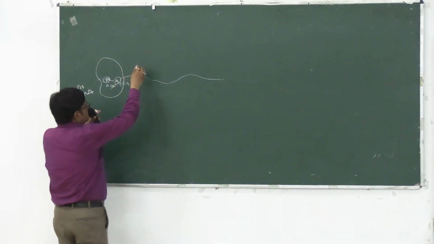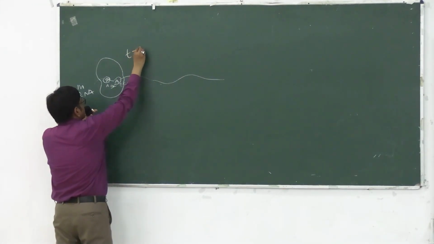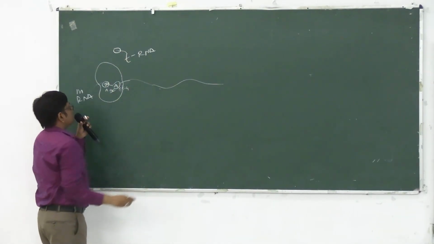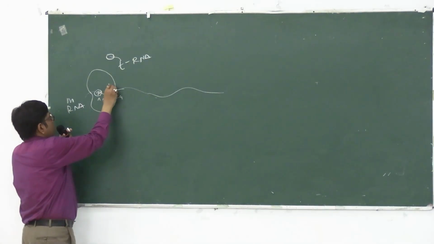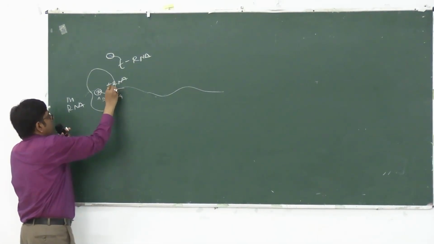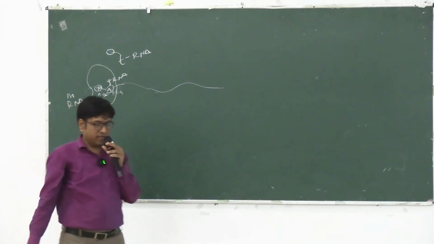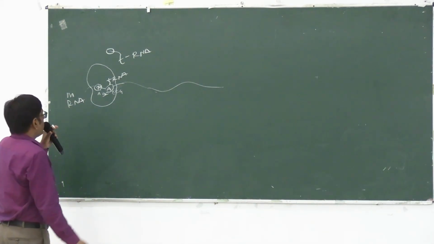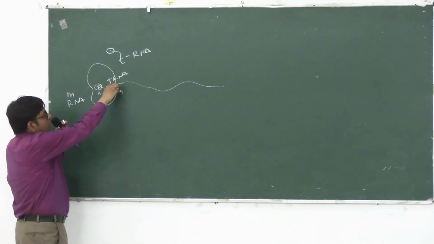When a protein synthesis starts, a tRNA carries an amino acid and comes and binds to the A site. Which tRNA will bind?